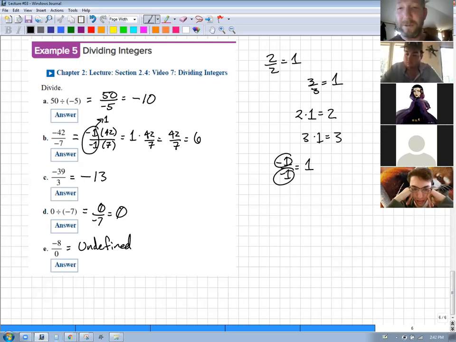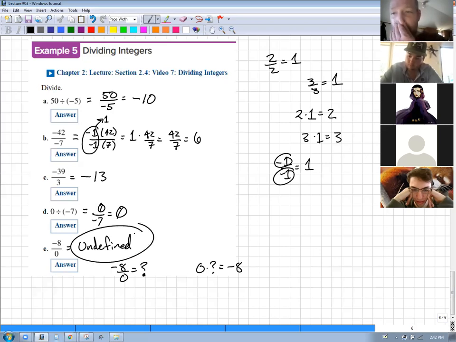Remember what they did, the trick there? They said, if this equaled something, then that would mean that 0 times our something would have to be -8. But there's nothing you can multiply 0 by to get a -8. And that's why it's undefined.